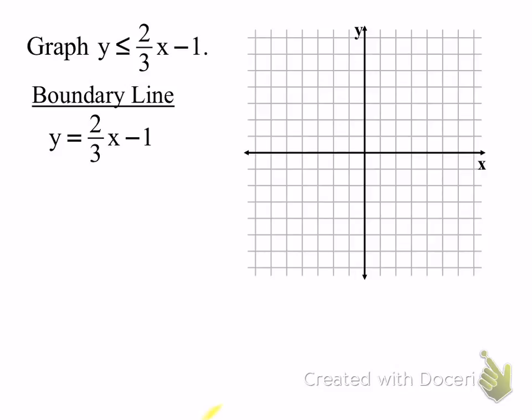So let's graph using slope-intercept. What's my M? What's my B? -1. Is this going to be solid or dashed?